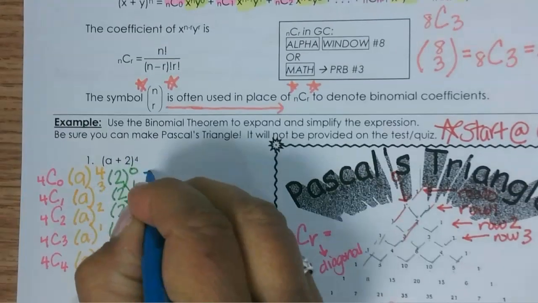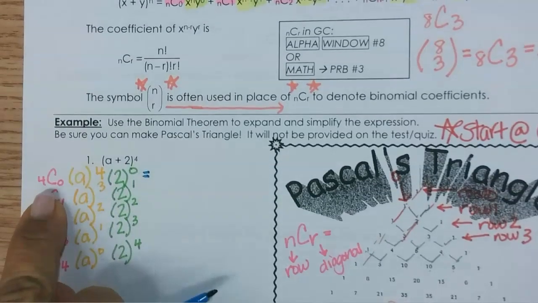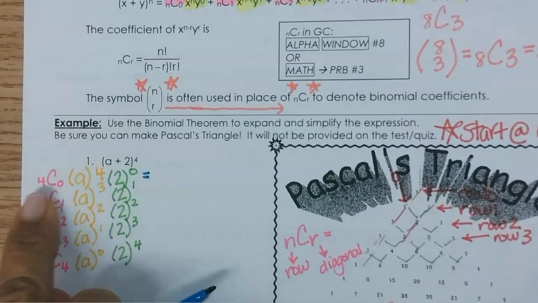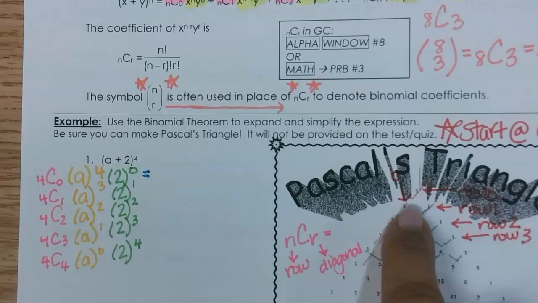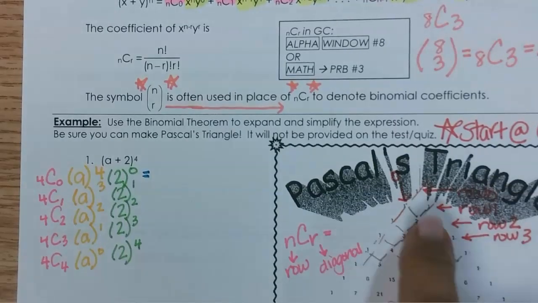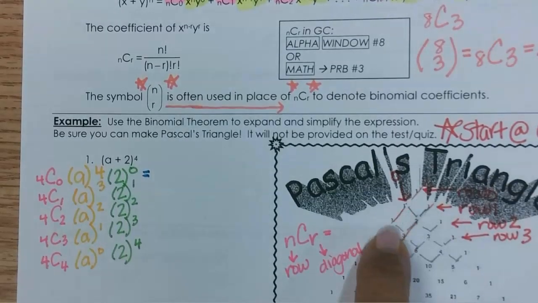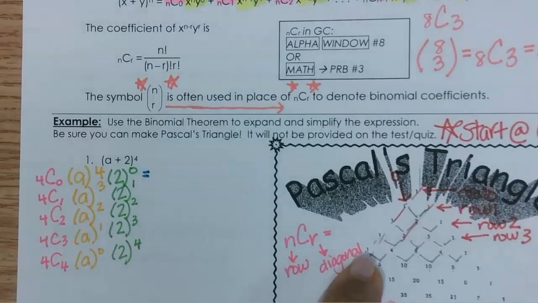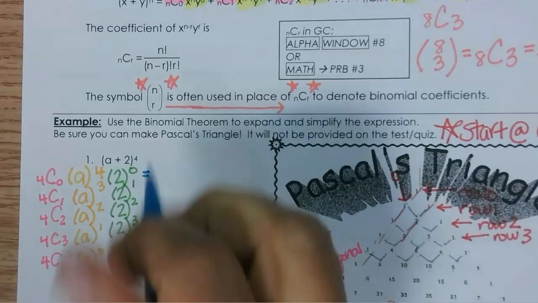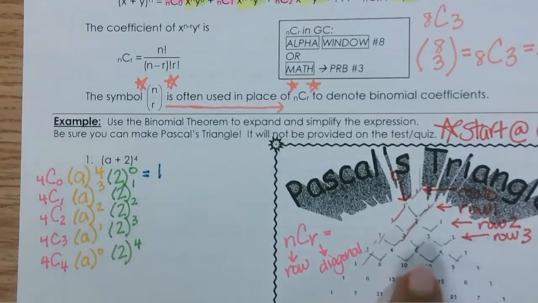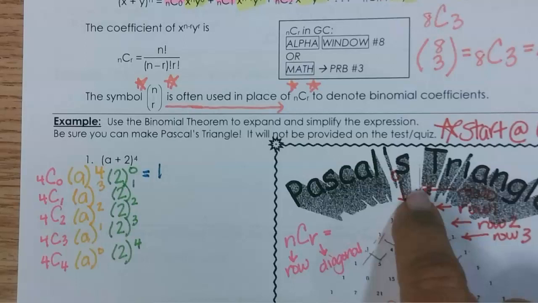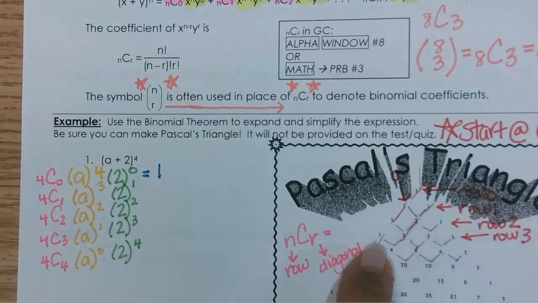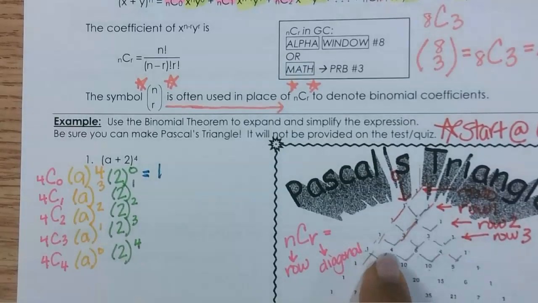So here I would take 4c0, and so you're going to go 1, 2, 3, 0, 1, 2, 3, 4. And so that's 4c0. That's going to be 1. Now 4c1, 0, 1, 2, 3, 4, 1.